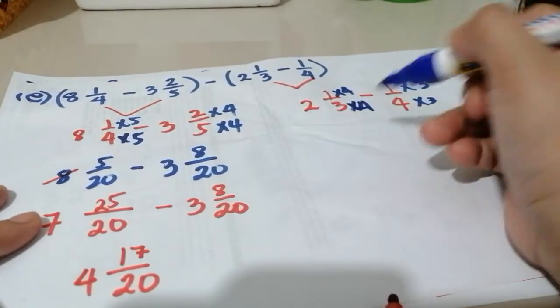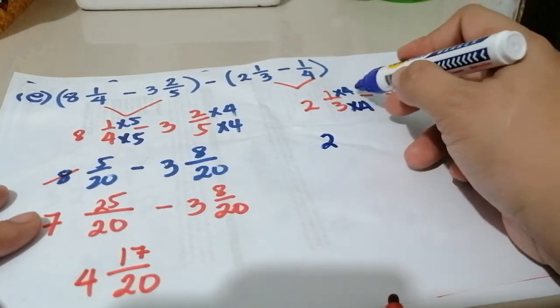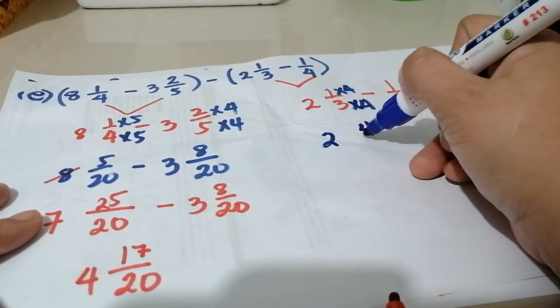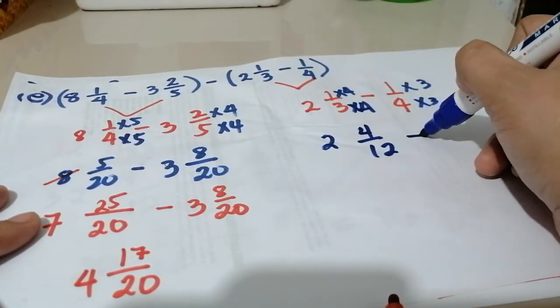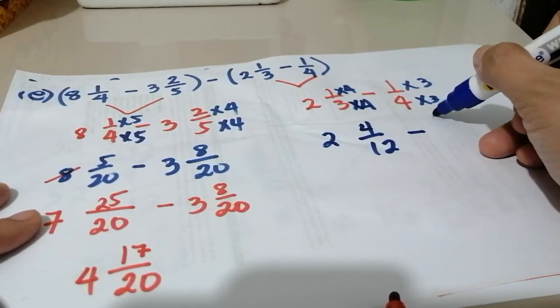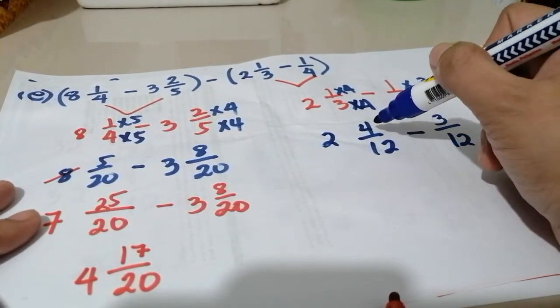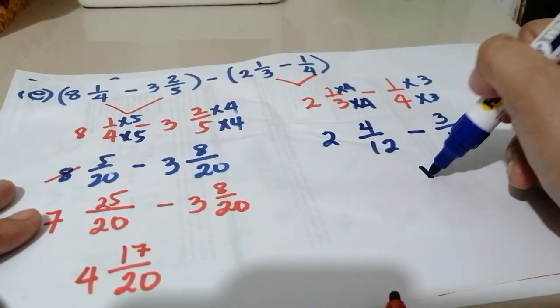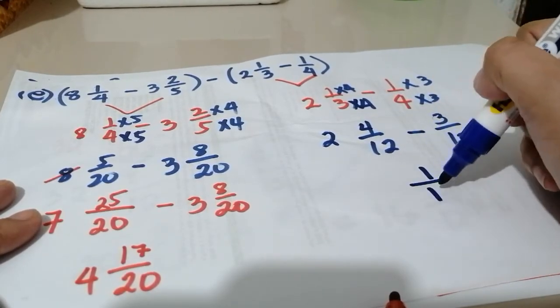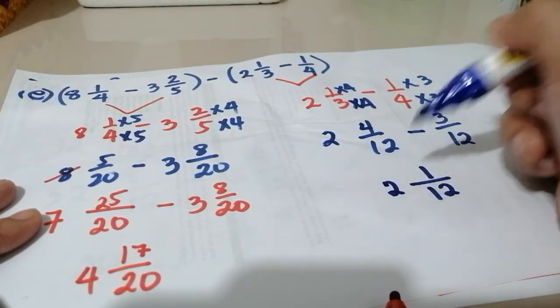So we'll have a new one. 1 times 4 is 4 over 12 minus 1 times 3, that will be 3 over 12. So 4 minus 3 is 1 over 12, and 2.